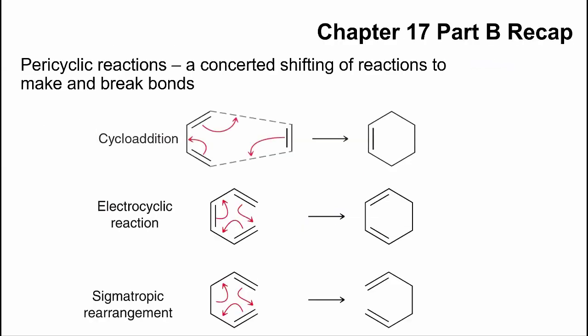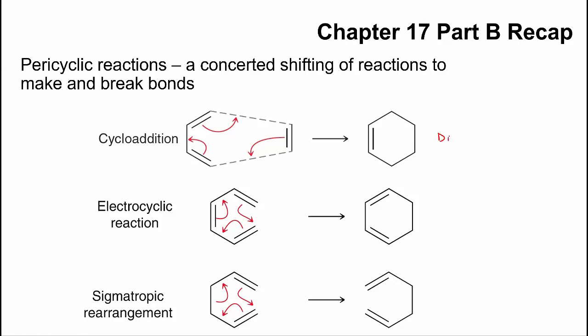All right, then we move on to pericyclic reactions, which are reactions where all of the bonds that are making and being broken are happening at the same time. So concerted means that it's happening at the same time. So one of these reactions is a cycloaddition.